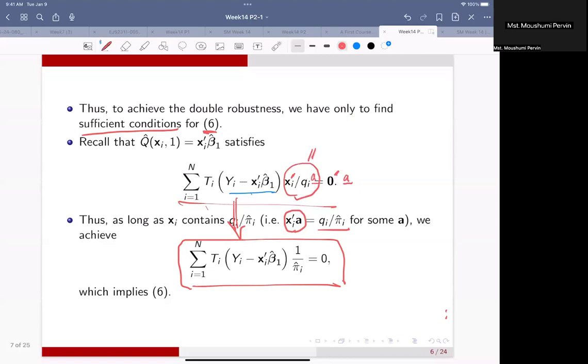Because x prime a is qi divided by pi i hat, that means this is equal to qi divided by pi i hat minus 1 over qi. So then qi cancels. That means you get this one. So this is actually the first term of 6, right?